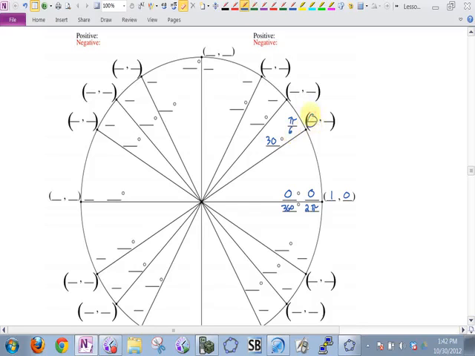The x-coordinate is the cosine of 30. So according to your 30, 60, 90 triangle, what is the cosine of 30 degrees? Radical 3 over 2. What is the sine of 30 degrees? One half.